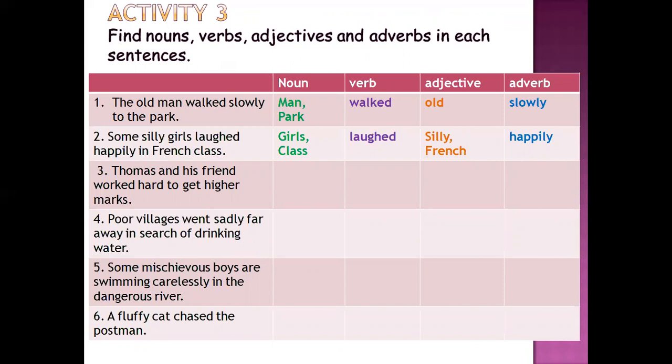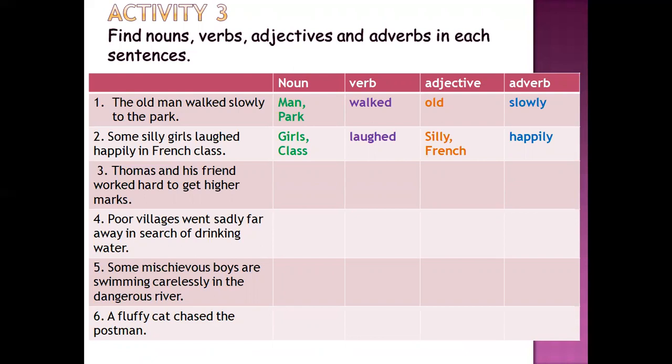Here I have given a table. In this table, I have given 6 sentences. In each and every sentence, you are going to find out the noun, verb, adjective, or adverb. Now look at the first example. The old man walked slowly to the park.